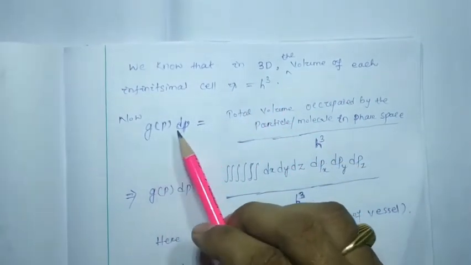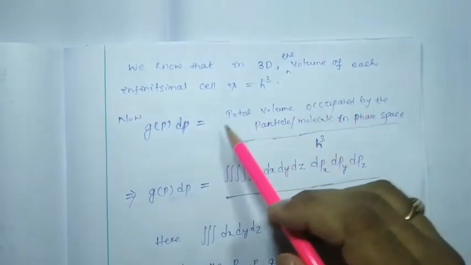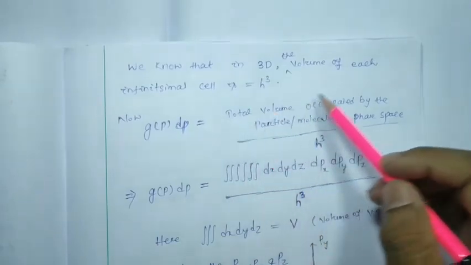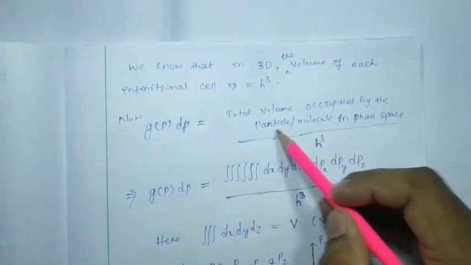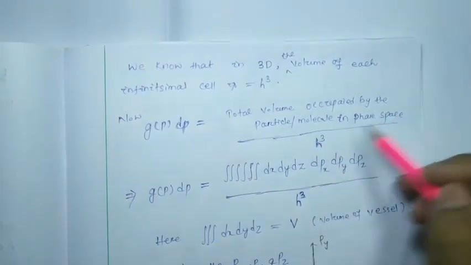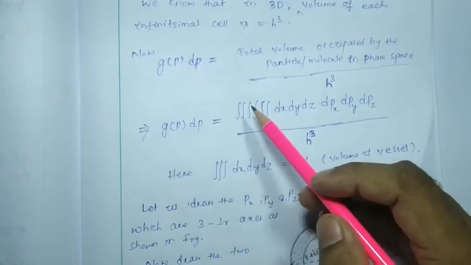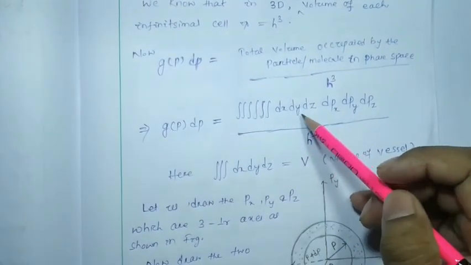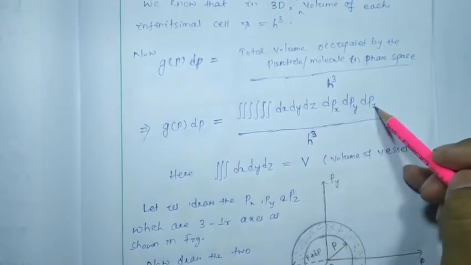Now g(p)dp represents the total number of cells. So g(p)dp will be the total volume occupied by the particle or molecule in phase space divided by h^3. Here there are 6 dimensions for a single particle: dx, dy, dz, dpx, dpy, dpz.